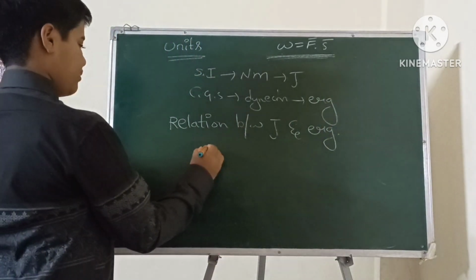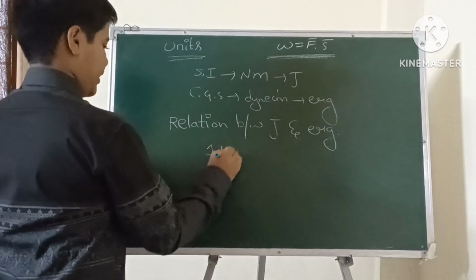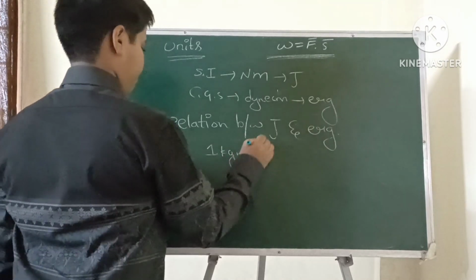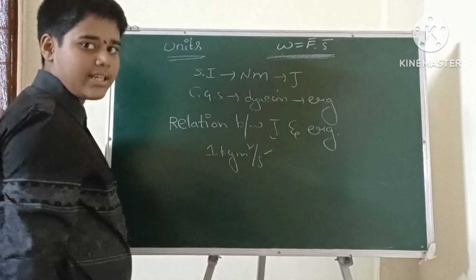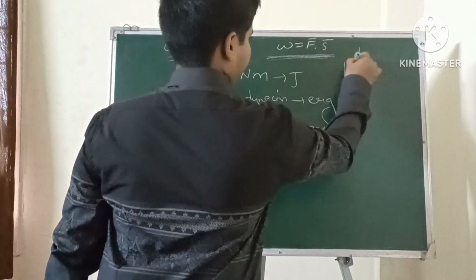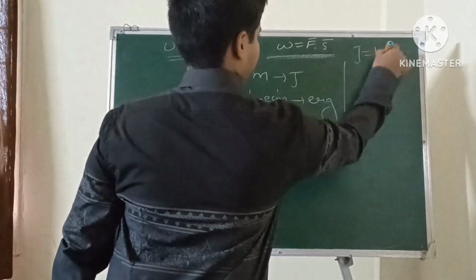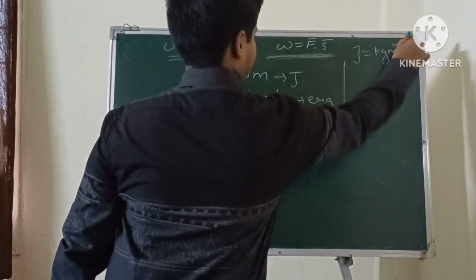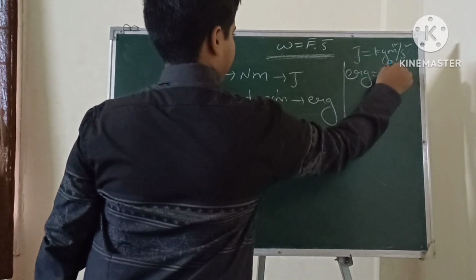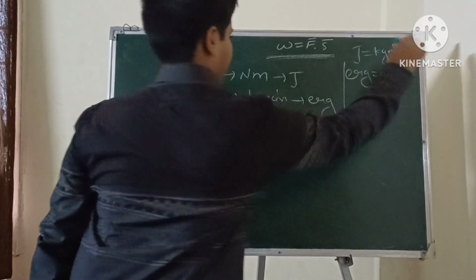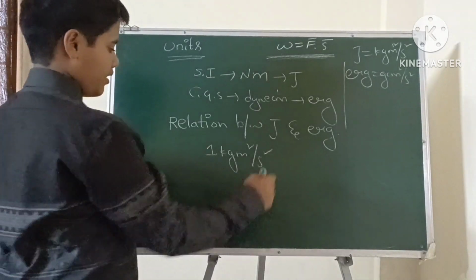Joule is equal to kg meter square per second square. Erg is equal to gram centimeter square per second square.